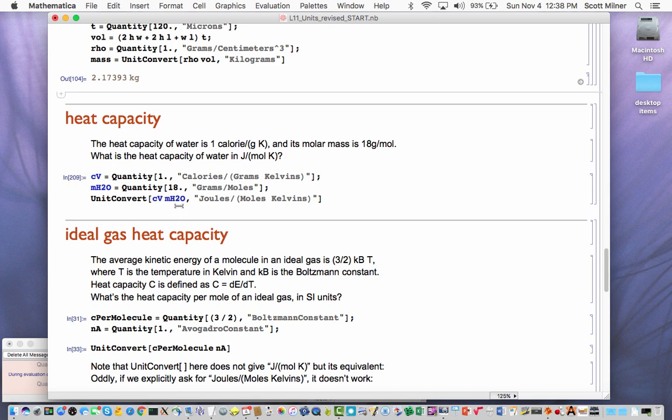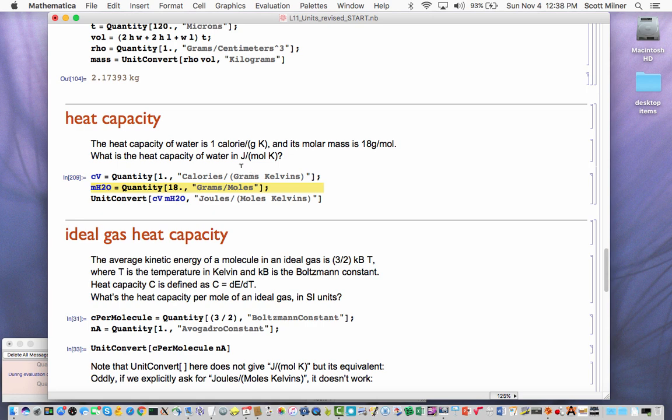So next, just a simple units conversion problem. The heat capacity of water is a calorie per gram Kelvin, and the molar mass is 18 grams per mole, more or less. So what's the heat capacity of water in joule per mole Kelvin? Well, here's the heat capacity, CV, written as 1 in calories per gram Kelvin. Here's the molar mass of water, written as 18 grams per mole.